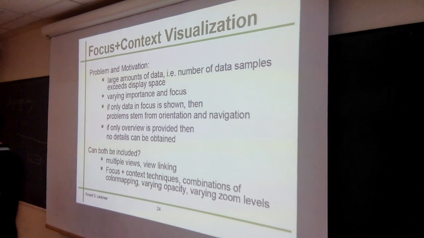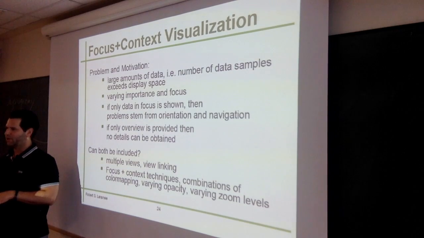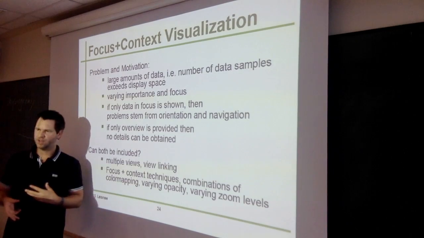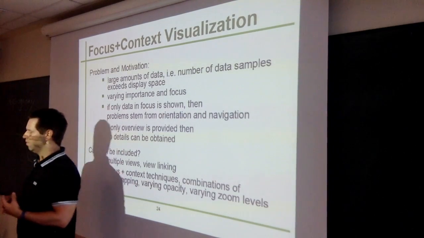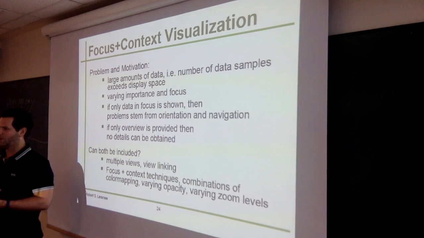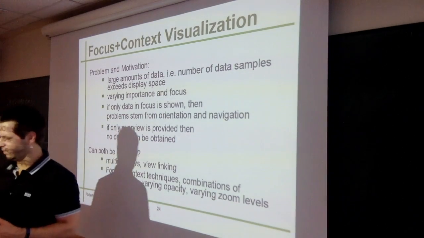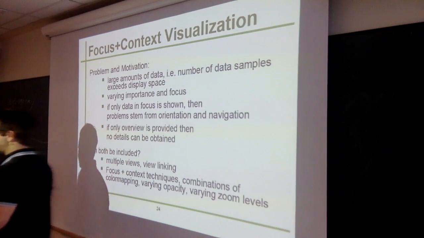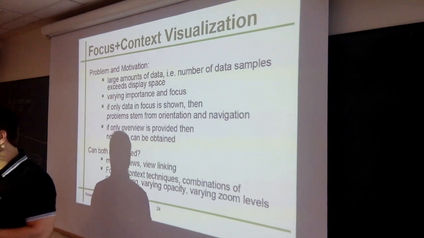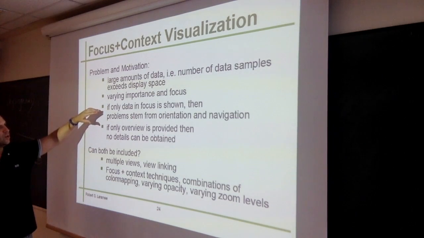Focus and context visualization is all about the scenario when we have too much data and we want to focus on a subset of the data. Sometimes the data is not of uniform importance, and different people will want to focus on different subsets, so we can use focus and context as a visualization approach.